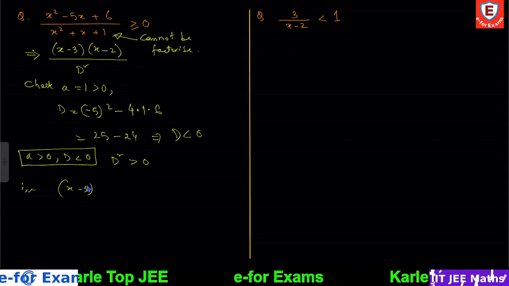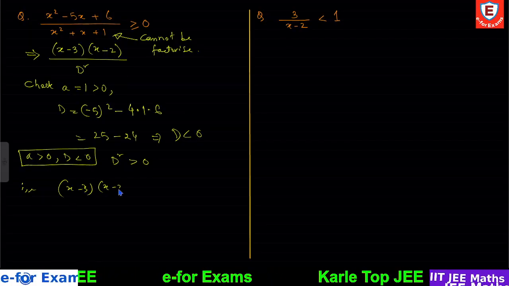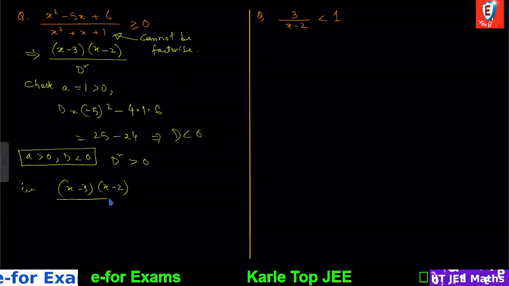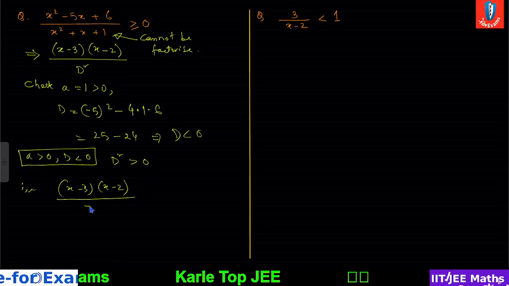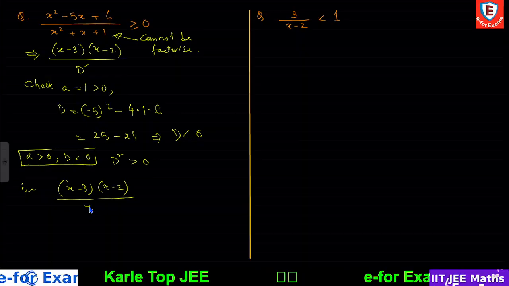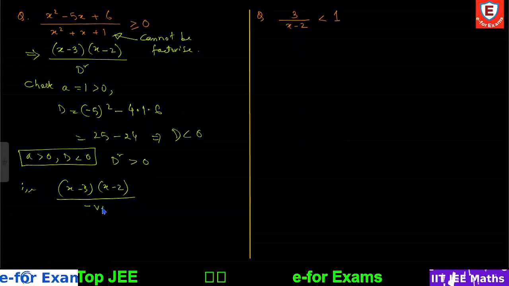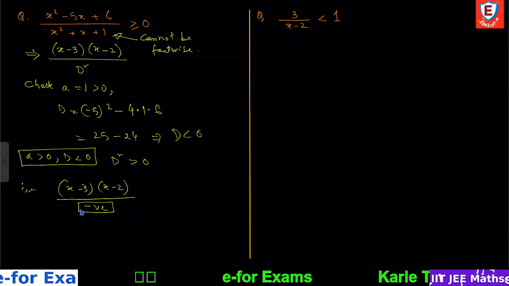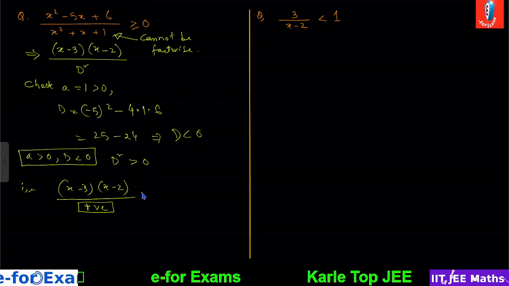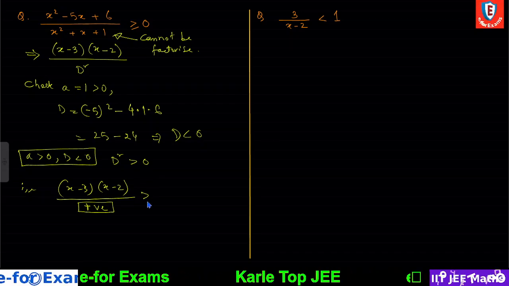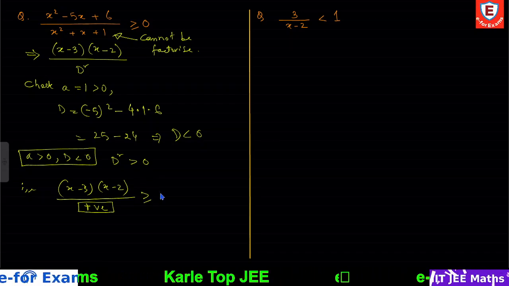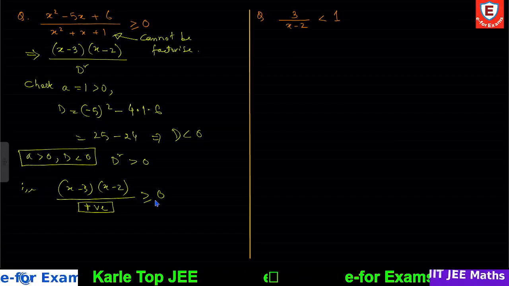x minus 3, x minus 2, divided by positive value, greater than or equal to 0, right?